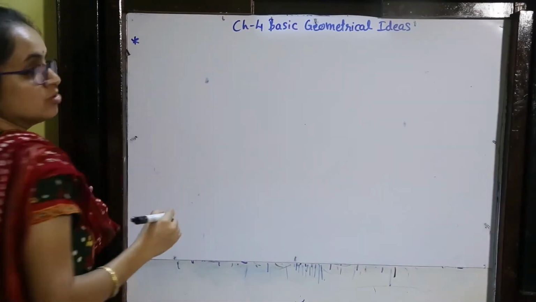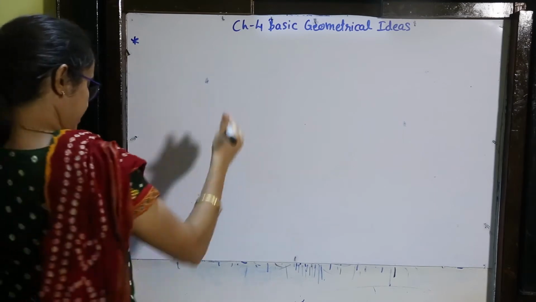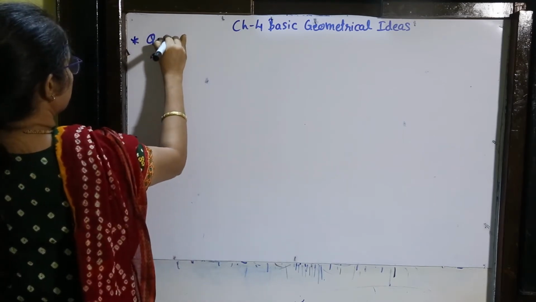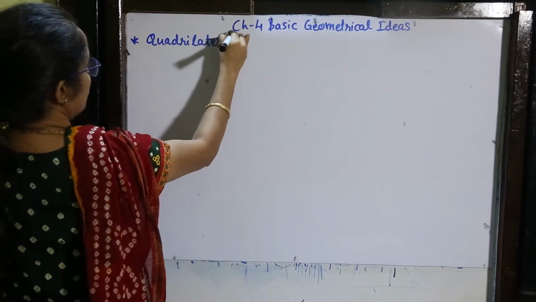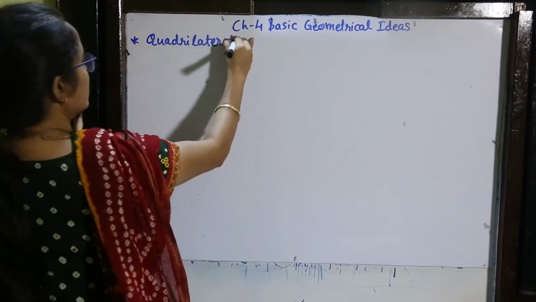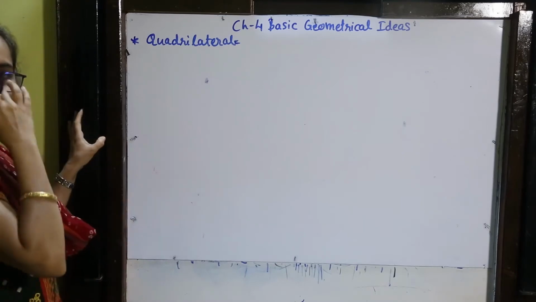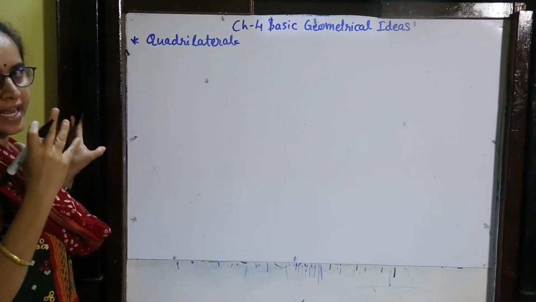Now we will move on to the quadrilateral. First you write down what is quadrilateral. So quadrilateral is a polygon having 4 sides, 4 vertices and 4 angles.